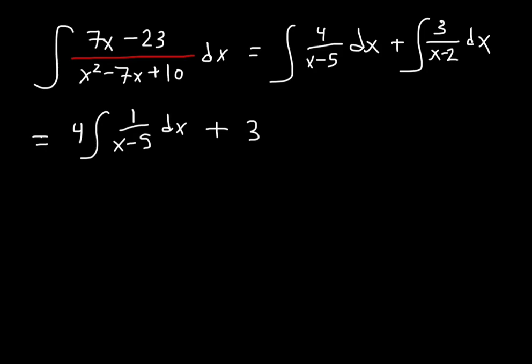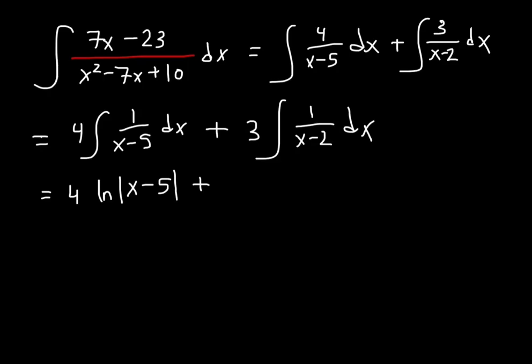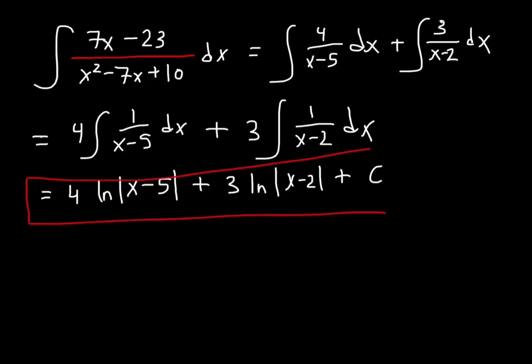So I have 3 times the integral of 1 over (x - 2) dx. So the integral is simply 4 times the ln of the absolute value of (x - 5) plus 3 times ln of the absolute value of (x - 2) plus the constant of integration. This is the final answer.